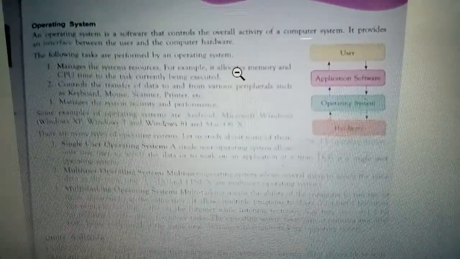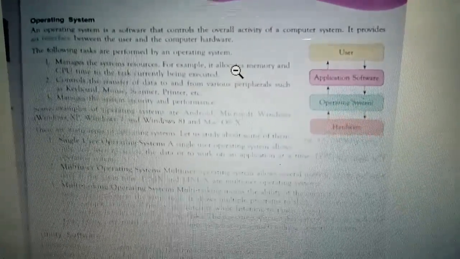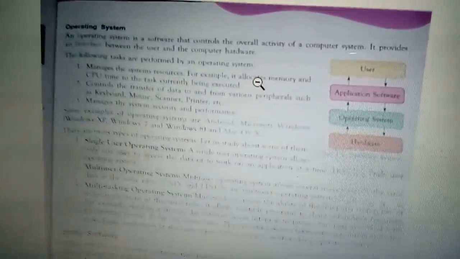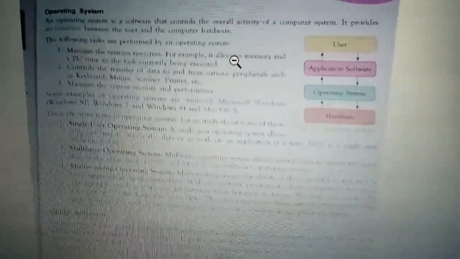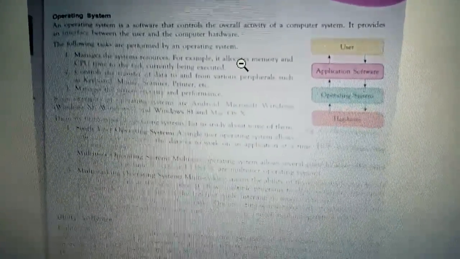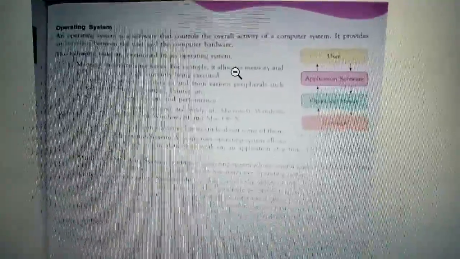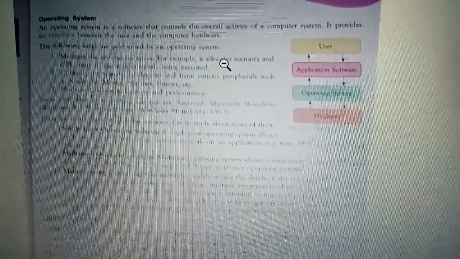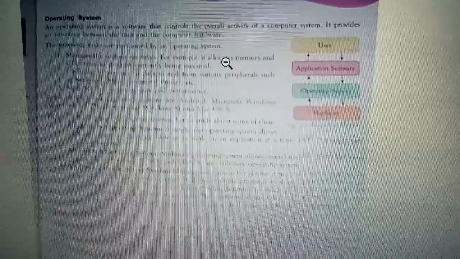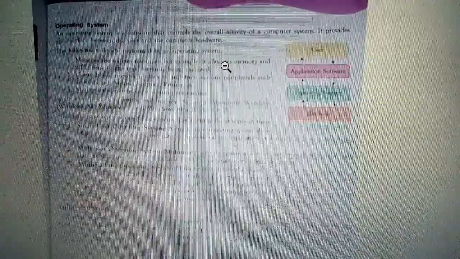Suppose we want to talk or interact with someone, but we don't know the language, and we call a person that knows the language of both persons. So that is the medium of exchanging our thoughts with the other person. That function our operating system is performing.